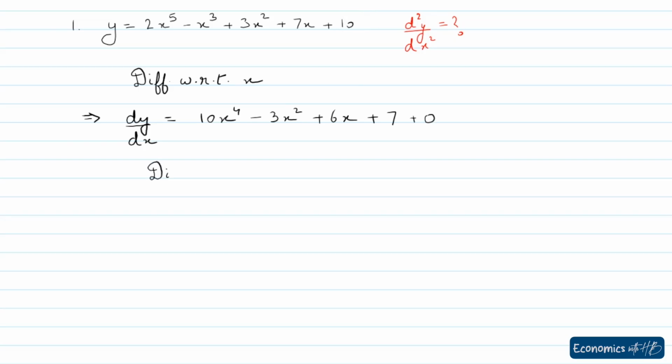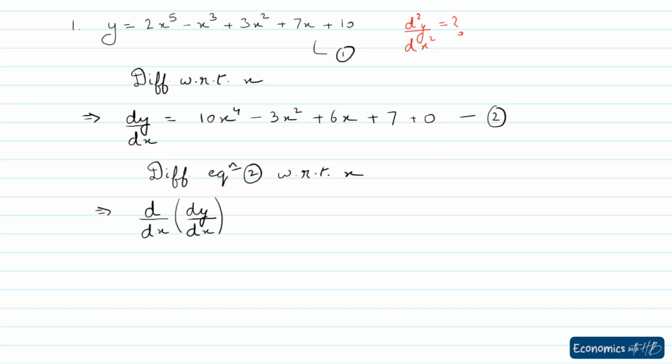Differentiating equation 2 with respect to x, we get d by dx of dy by dx. So we are differentiating dy by dx again, so we write d by dx of dy by dx is equal to d by dx of 10x to the power 4 minus 3x square plus 6x plus 7, which is the derivative which we obtained in step number 2.